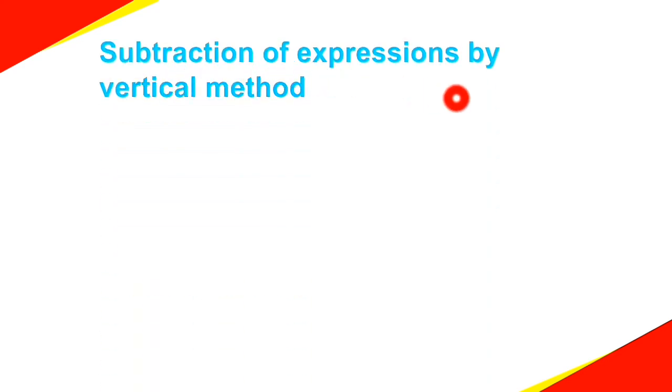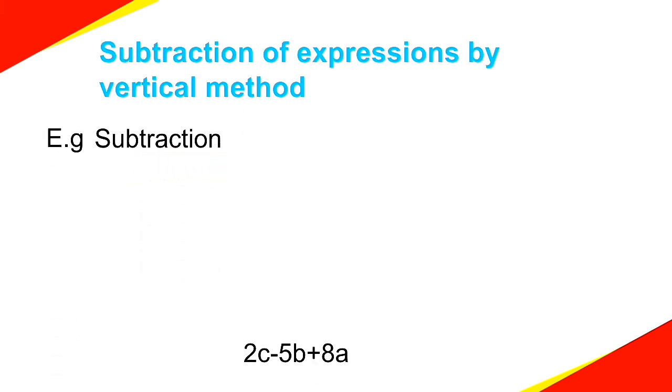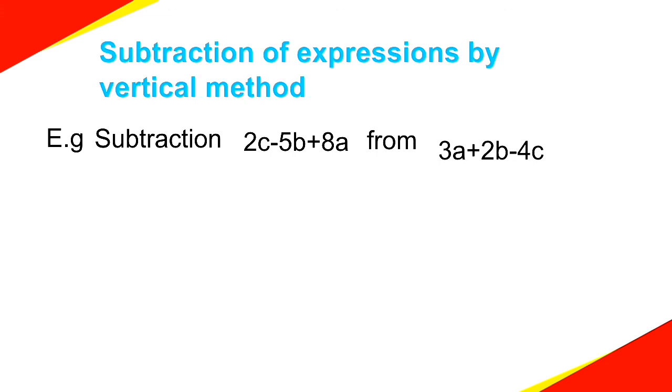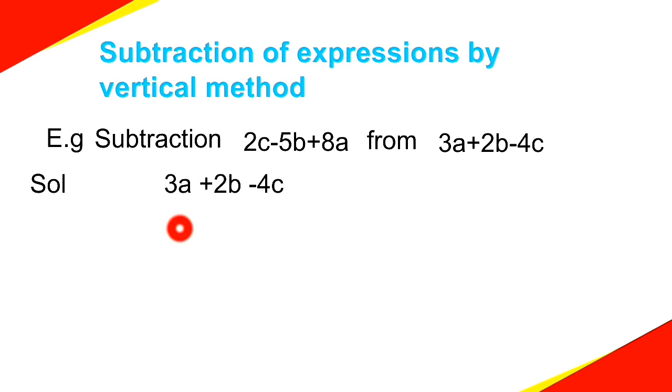Subtraction of expressions by vertical method. Now we are going to solve. Subtract 2c minus 5b plus 8a from 3a plus 2b minus 4c. Now we are going to solve. The second term will come first: 3a plus 2b minus 4c.